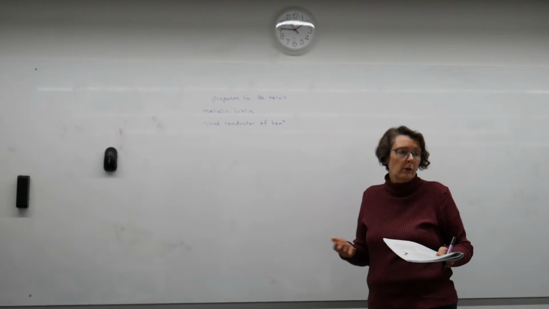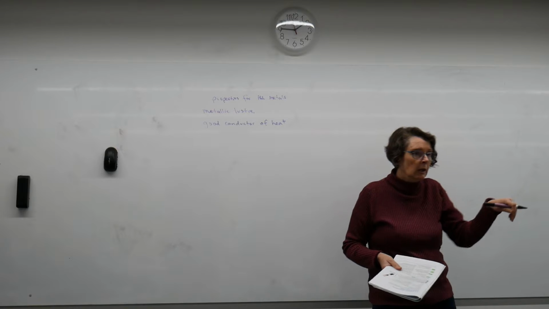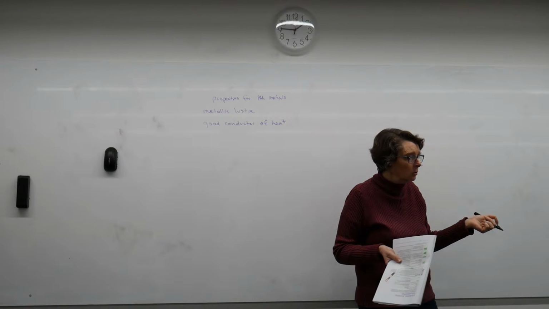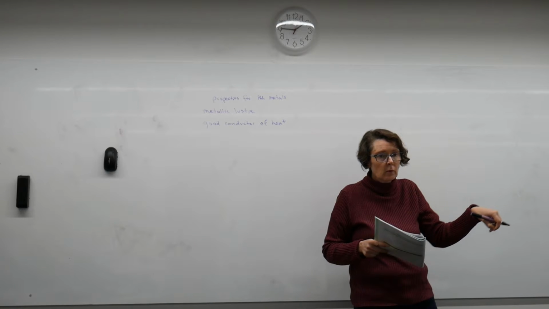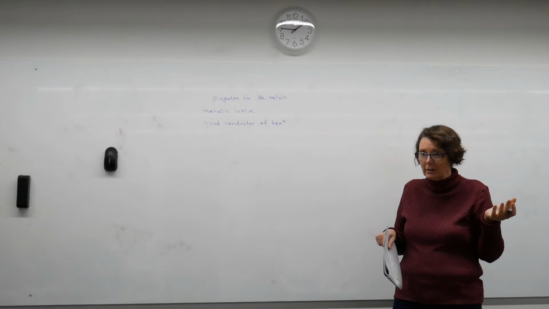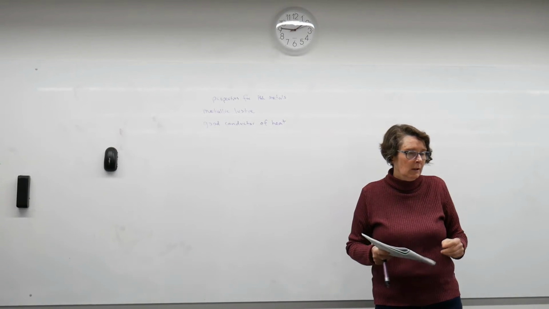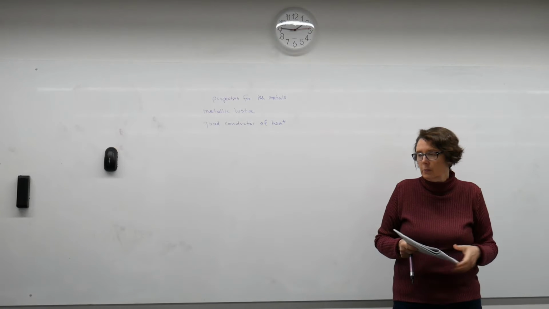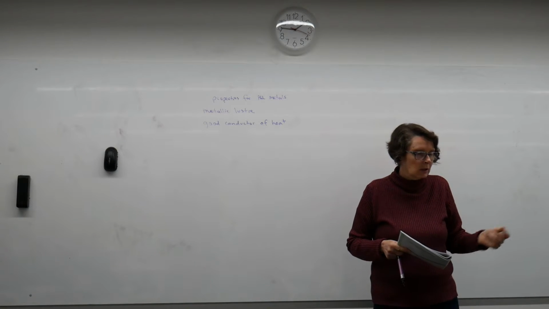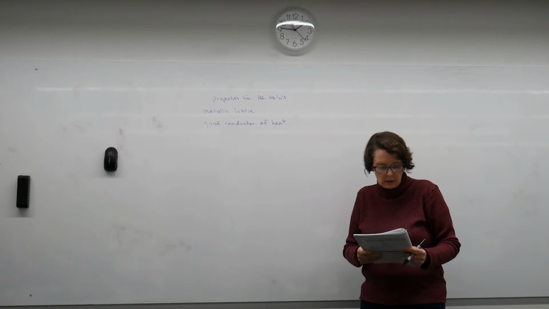If you're stirring a pot of soup, you might decide to stir it with a wooden spoon, because if you're stirring it with a metal spoon, it's going to get really hot, isn't it? And you're going to say, ow, that's no good. Or even a teaspoon in a hot drink gets really hot, because metals are good conductors of heat.